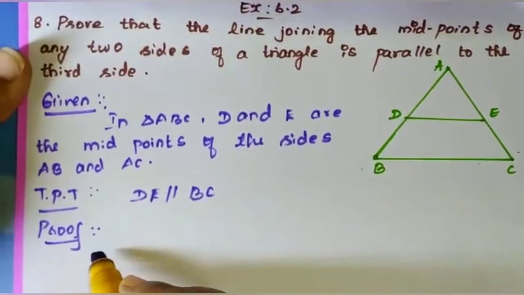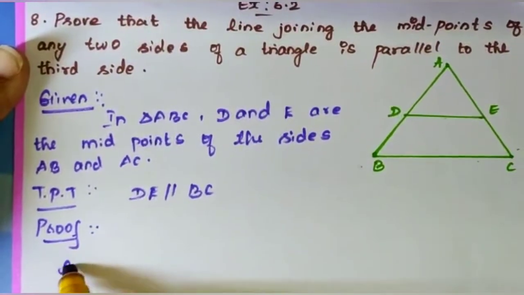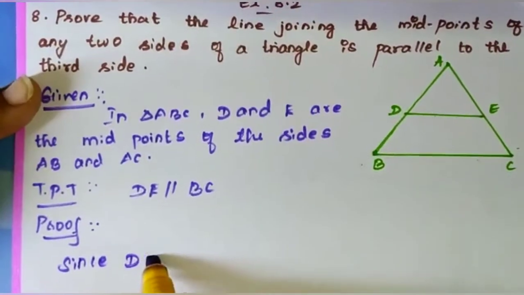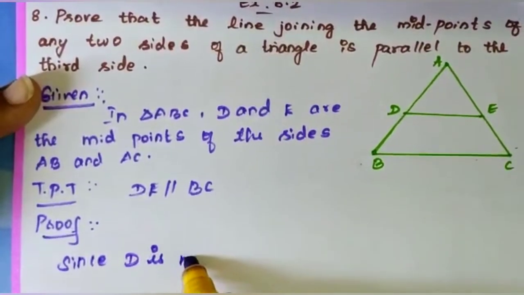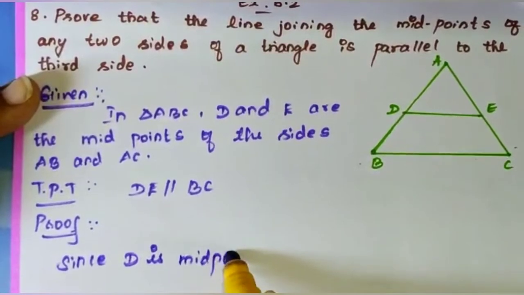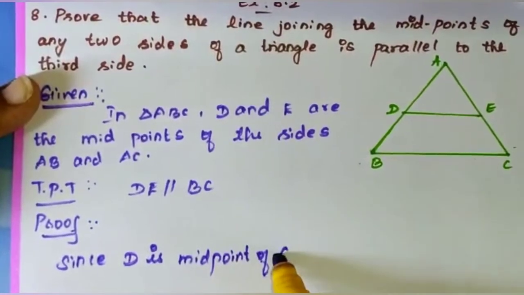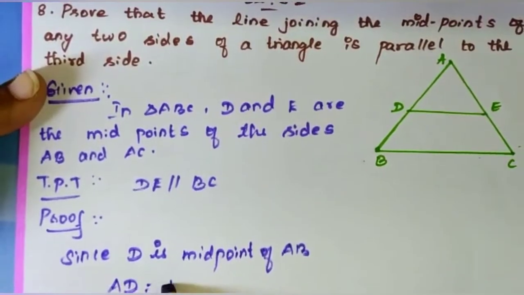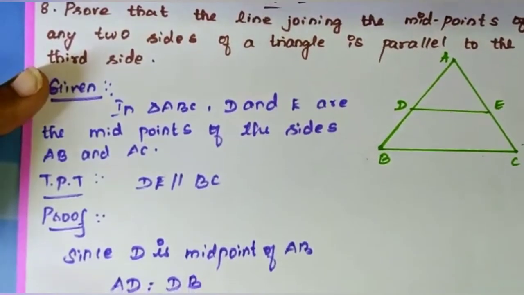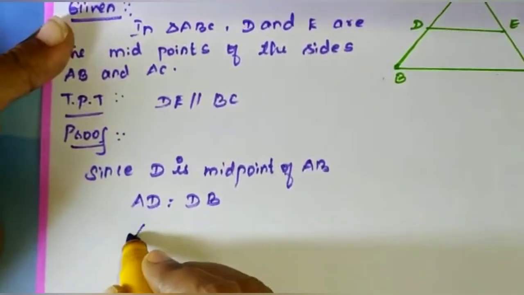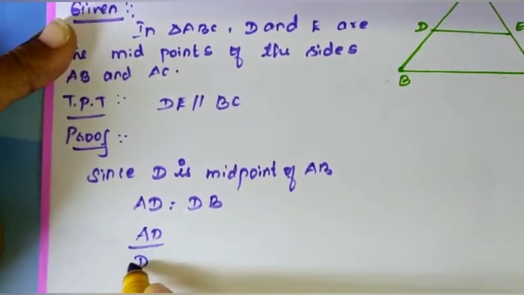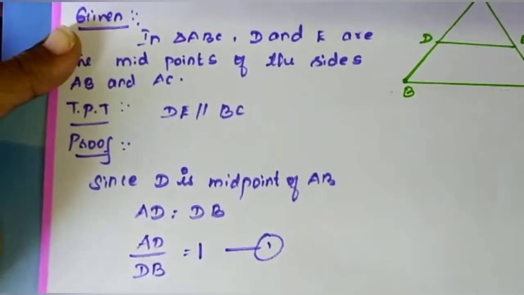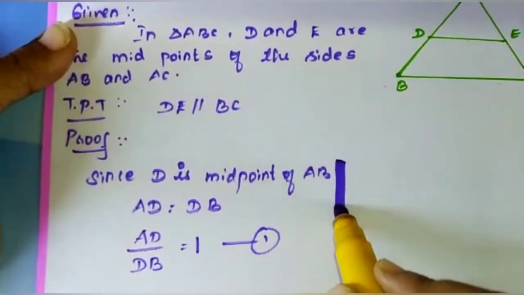So I am going to write first: since D is the midpoint of AB, I can write AD is equal to DB. And this one I can write as AD divided by DB is equal to 1. Mark this as equation 1.